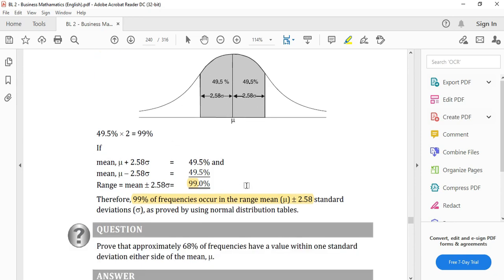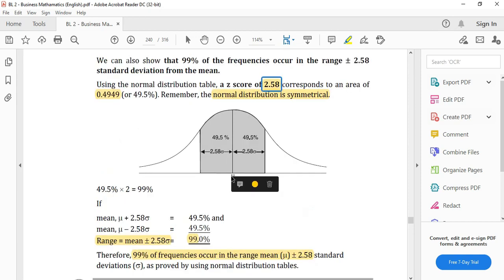Now, you write the z-score, the gap 2.58 they have given in the question. You write it here. That's the gap. I told you all, don't forget, it's the gap between the mean, this mu value, and a particular x value on the x-axis.